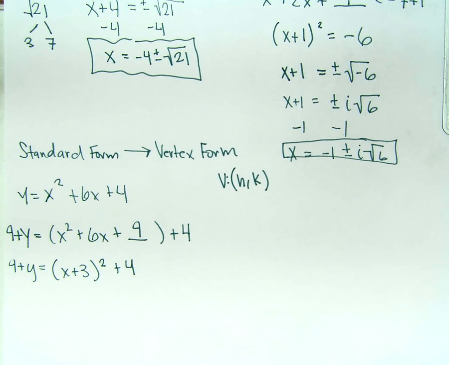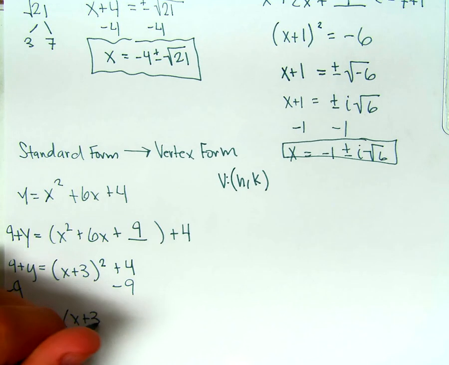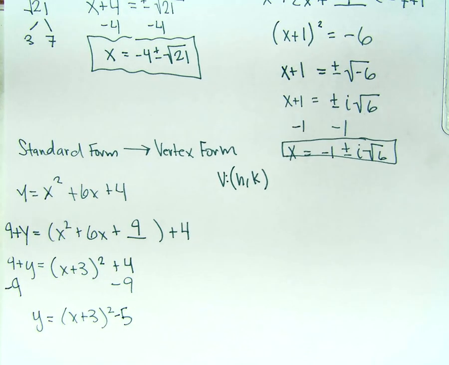So now to get it as an equation, what's the last step? Subtract 9. Because when we have an equation, we have it as y equals. So we want to subtract 9. And then your final form is going to be x plus 3 squared minus 5. I tricked you guys.